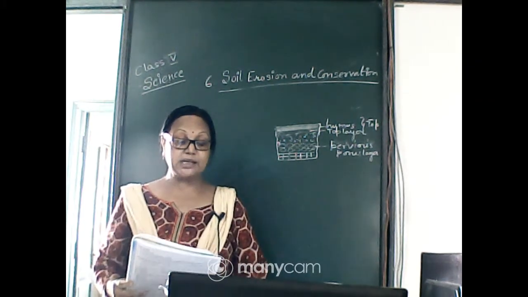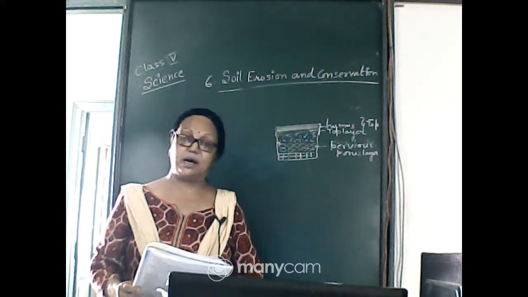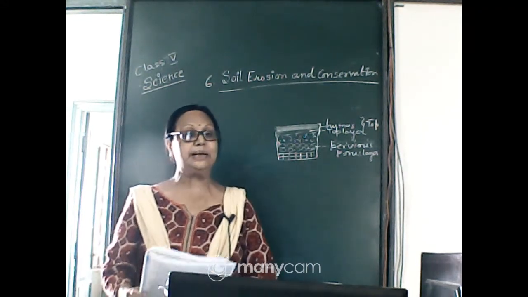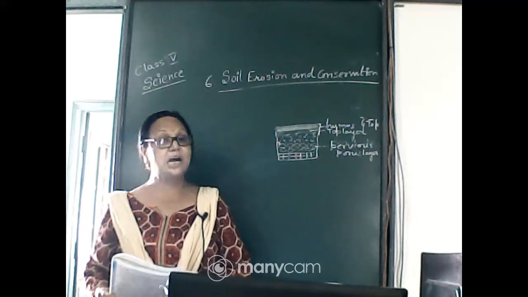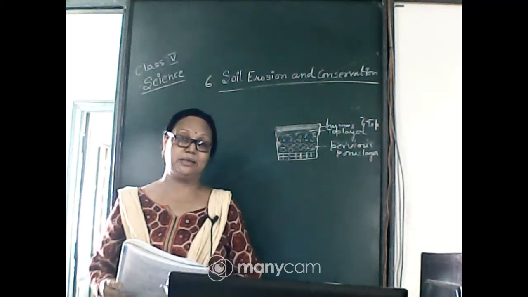First, soil is found in the uppermost layer of the earth. We know the crust is made up of different kinds of rocks, and these rocks are crushed and powdered to make the soil.